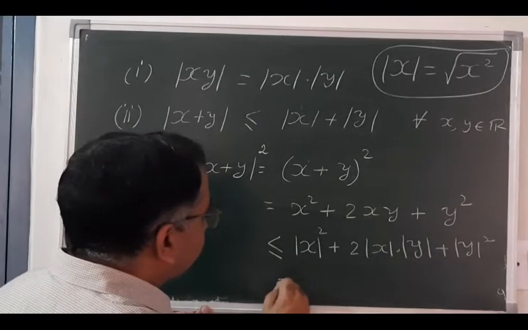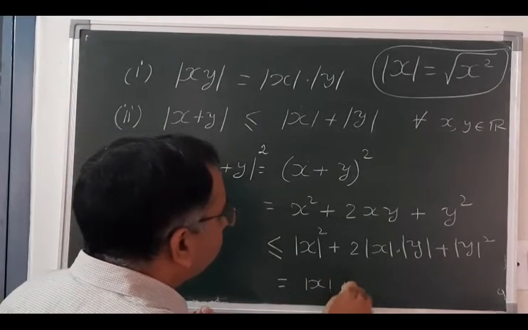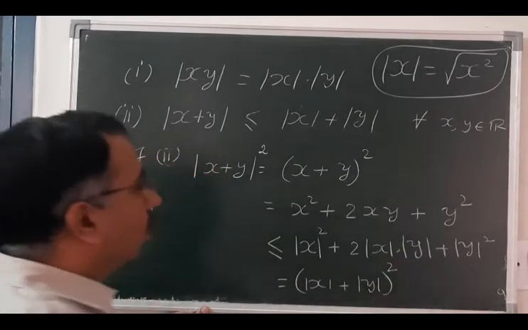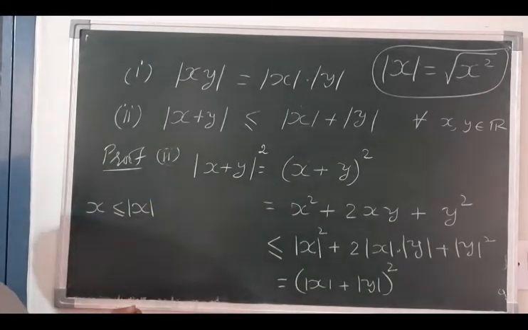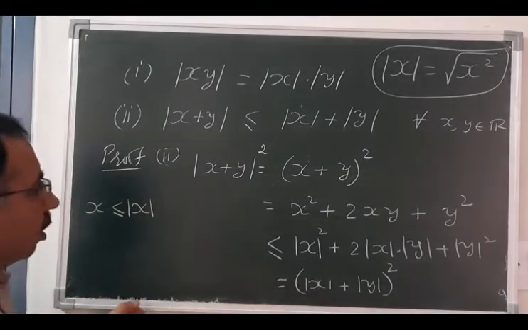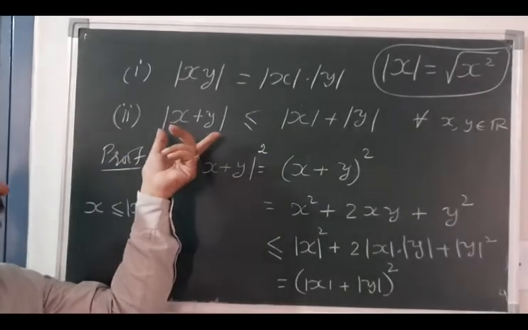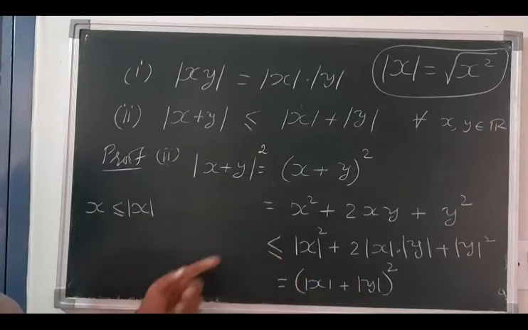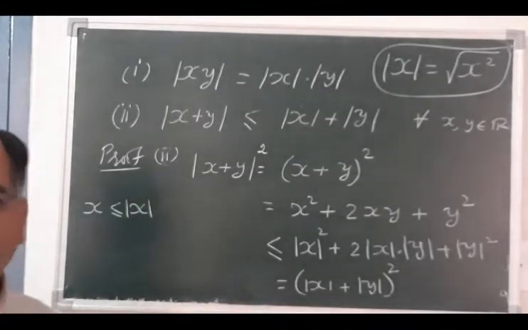So this thing is now equal to (mod x plus mod y) whole square. Now taking square roots, we get the desired result. Mod of x plus y will be less than or equal to mod x plus mod y. Here we have the less than or equal to sign. Thank you.